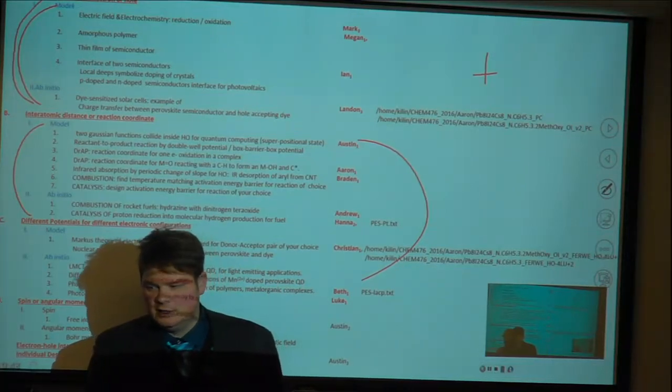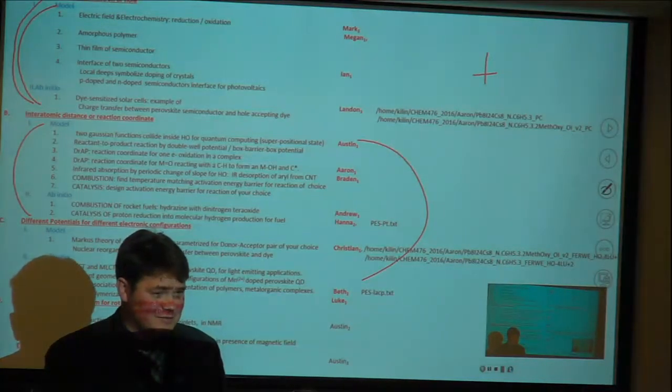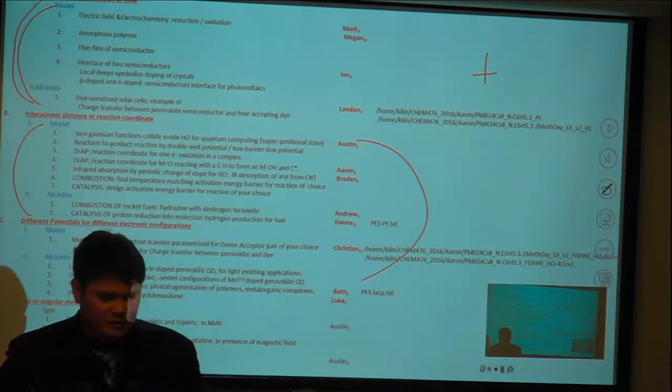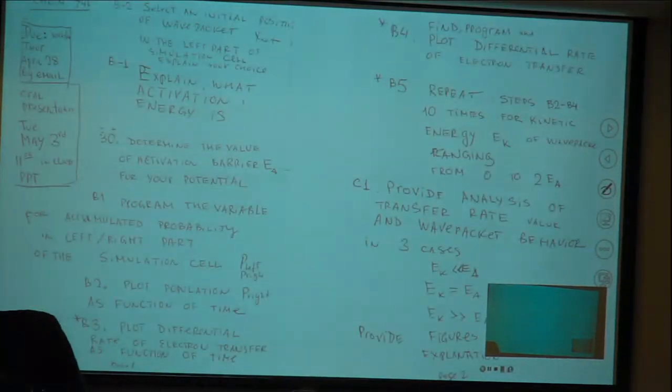Some of you have already got a graduate student helper or postdoc helper and files. So, right? Good. But no matter which project you do, the protocol is the same. Same code, just different potentials.